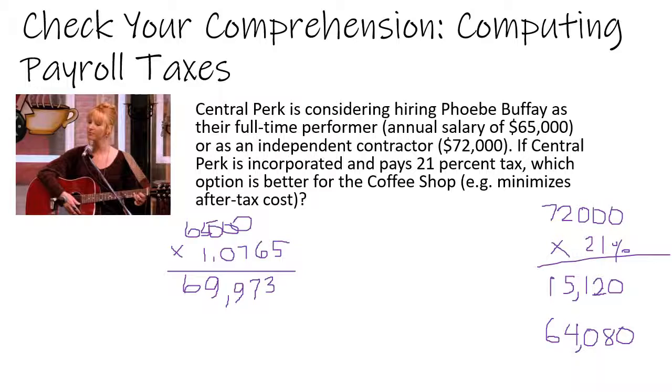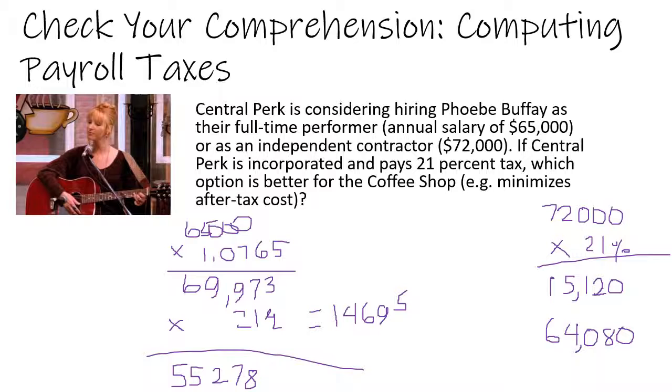We then compute the tax savings, since this is a fully deductible expense, which means $14,695 in taxes avoided, which means that the after-tax cost of hiring Phoebe as an employee is $55,278.